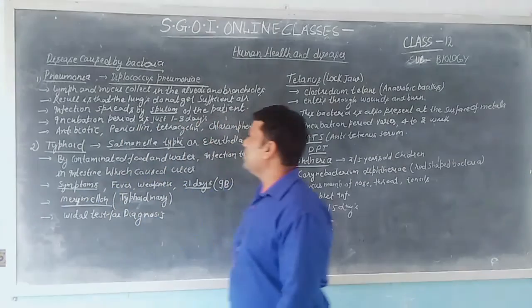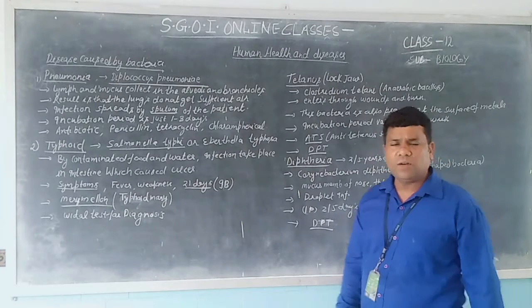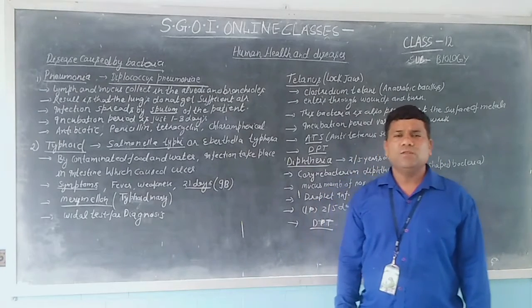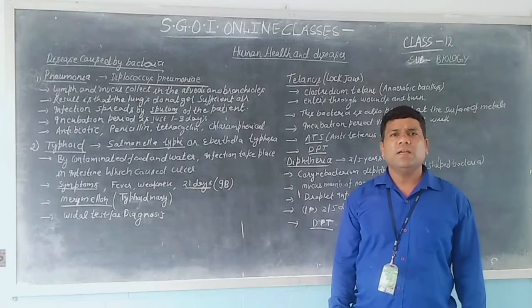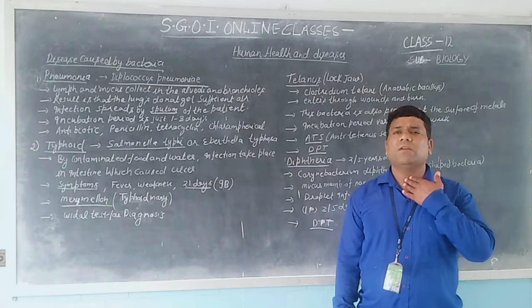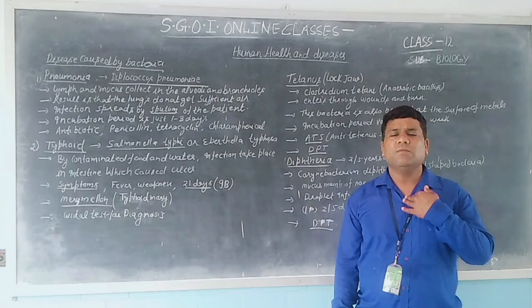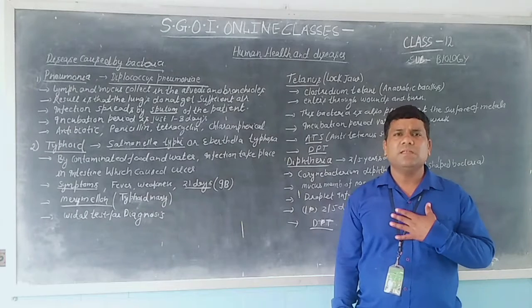And what happens in this disease? What are the symptoms? The symptoms are that lymph and mucus are collected in the alveoli and bronchi. As you know, alveoli and bronchi are part of the lungs. After the trachea, bronchi are present, and after bronchi, bronchioles are present.